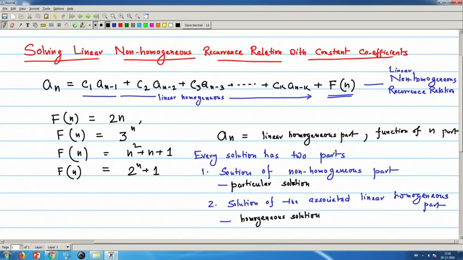So, as if the recurrence relation has two parts, one is the linear homogeneous recurrence relation with constant coefficient plus this f n, and when we get the solution, the solution also has two parts: the solution of the non-homogeneous part, that means for f n, is normally called the particular solution, and the solution of the associated linear homogeneous part we call the homogeneous solution.